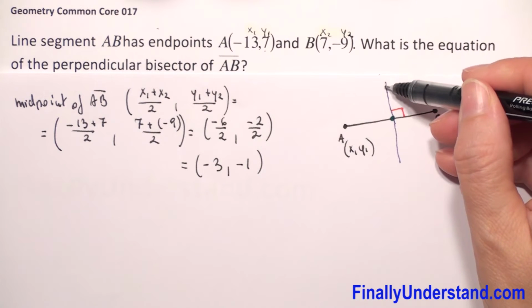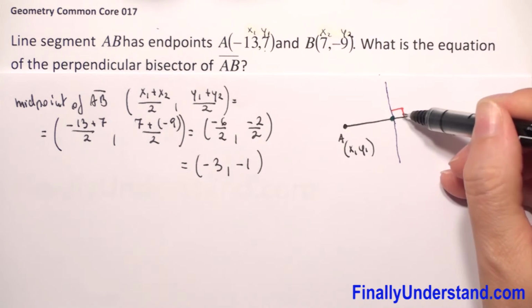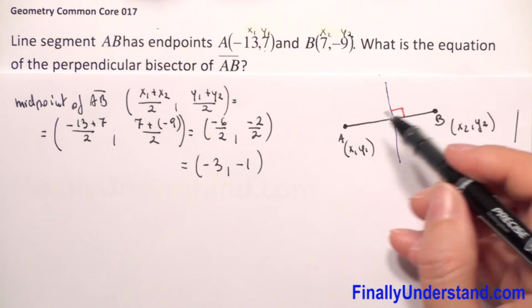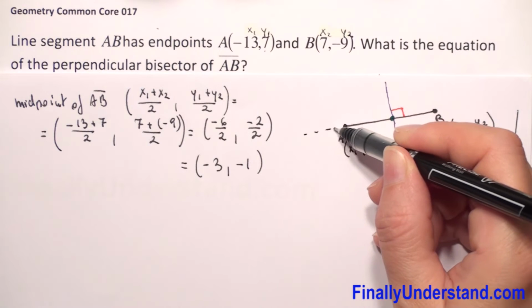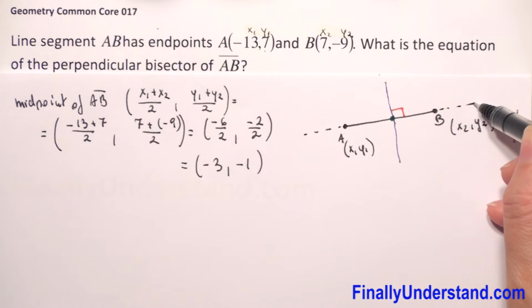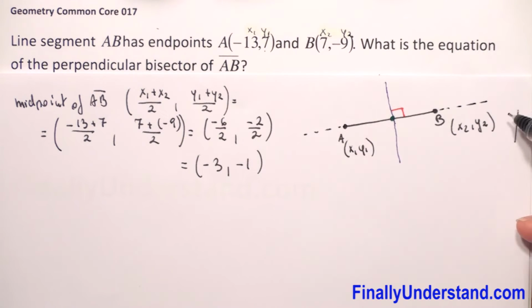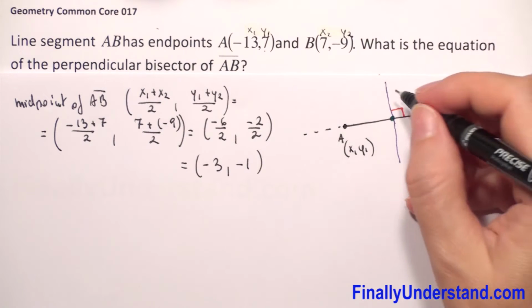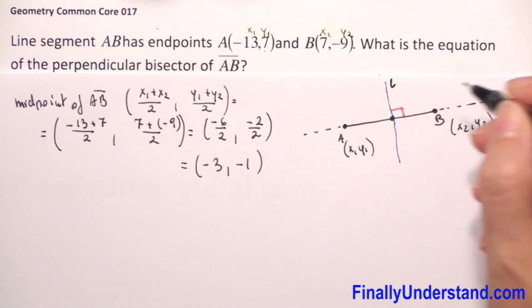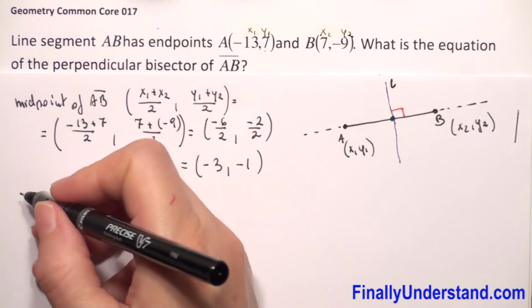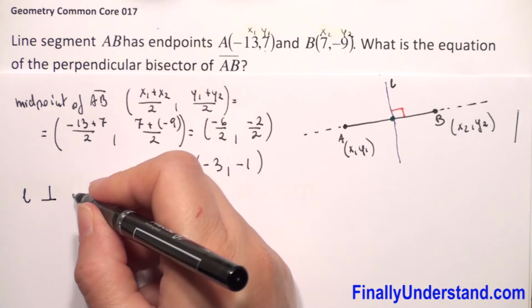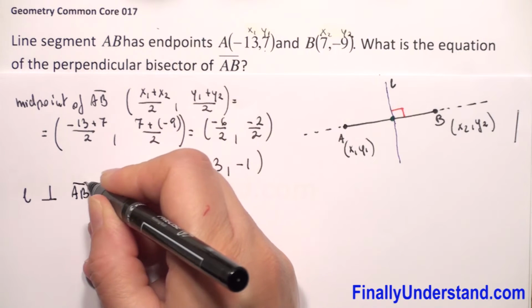Now we have to find the equation of this line. We know that this line is perpendicular to segment AB. So if we extend the segment AB, we have line AB. And if I write that this is line L, it must be perpendicular to line AB.